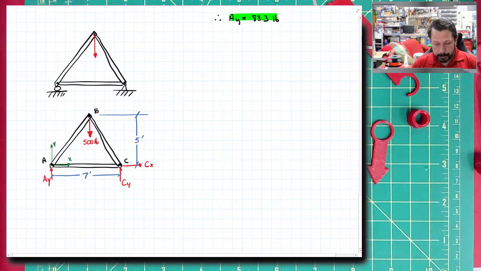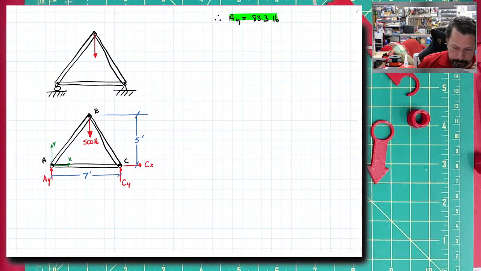Okay, so when you're solving a truss, the first thing to do is, not all the time, there can be shortcuts that you can take, but most of the time, or if you're unsure, then the first thing to do is to solve for the external reactions.